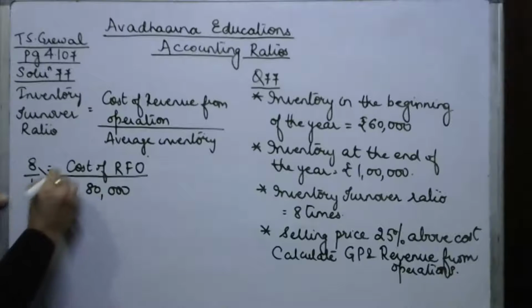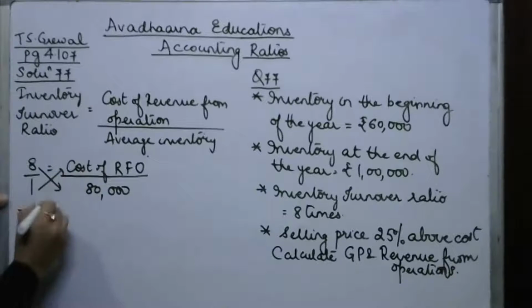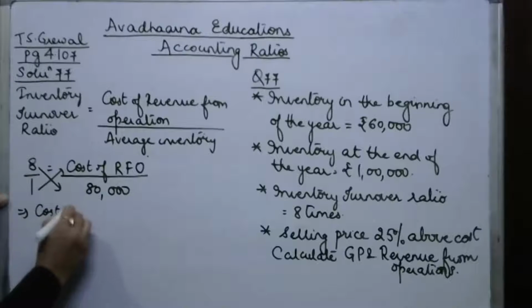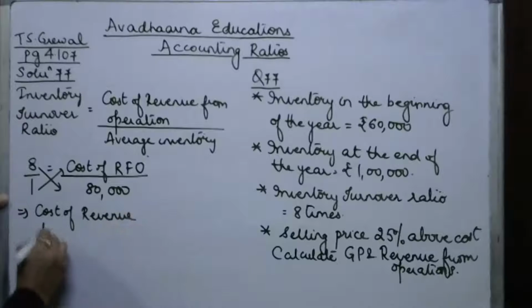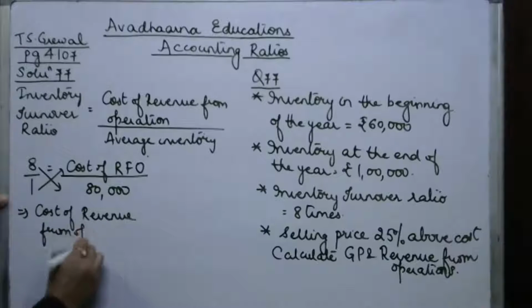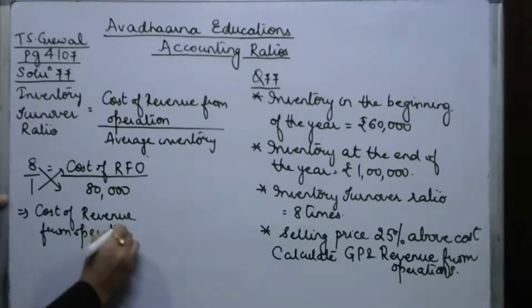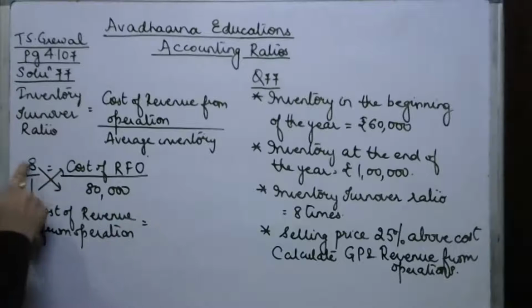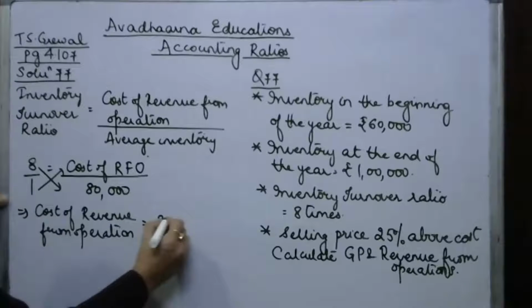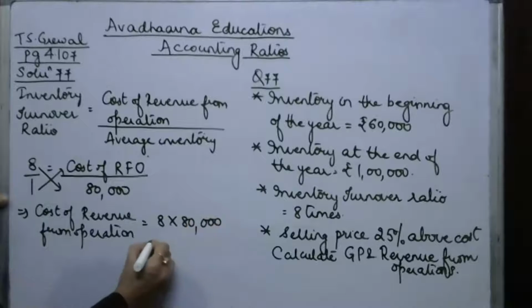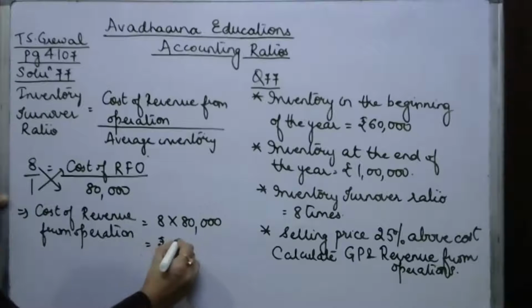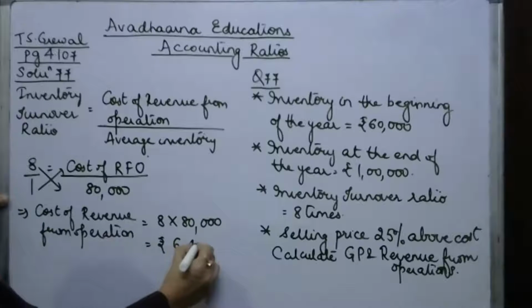Let's now cross multiply, which implies 1 multiplied by cost of revenue from operations is equal to 8 multiplied by 80,000, which is equal to rupees 6,40,000.